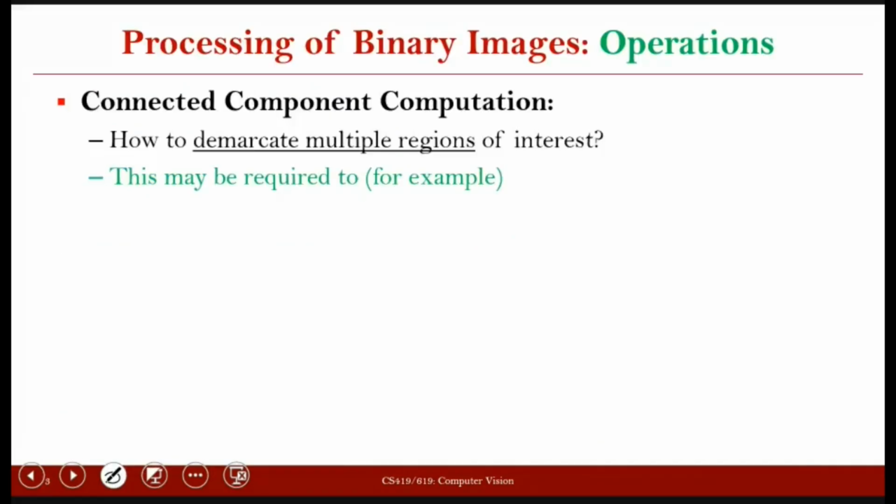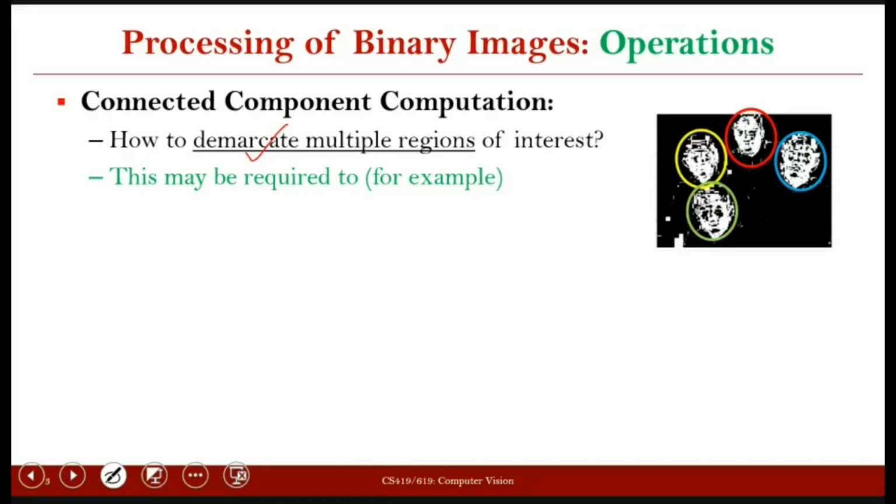Okay. So very quickly, let's first discuss what we discussed in the last class with respect to the applications where we have binary images and what kind of operations we do there. One of the applications was the connected component computation on binary images. This is basically demarcating the multiple objects or regions that are there in the binary image.